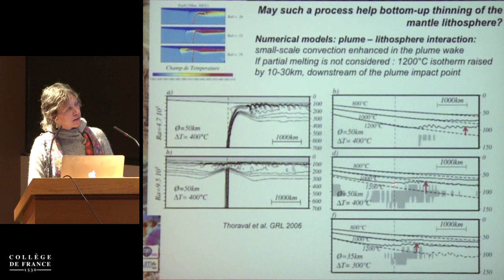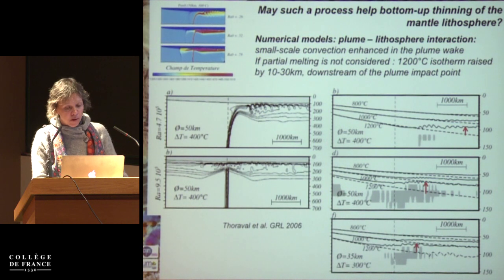In these models, we could have some upwelling of the 1200 isotherm by 10 to 30 kilometers, not more. Here is the plume impact point, and the black lines are the isotherms at the end of the models. These are the initial ones. You see that the 1200 is upwelled by 20 kilometers in this model.